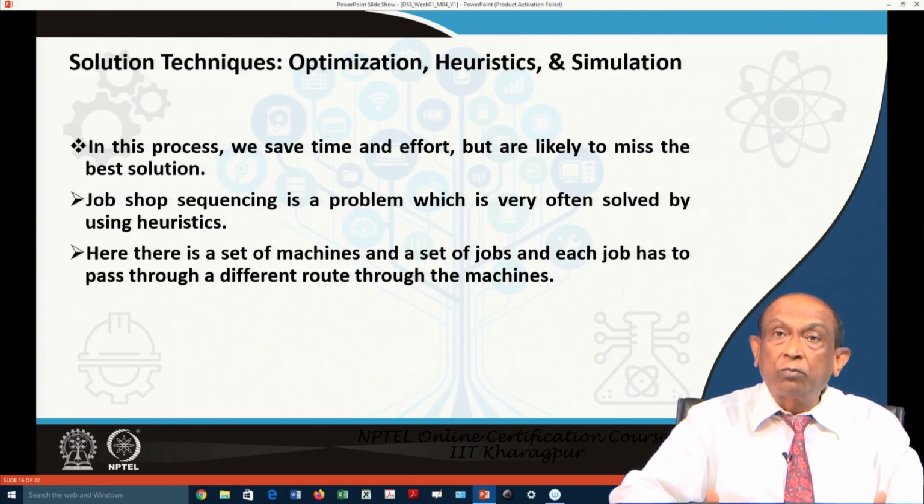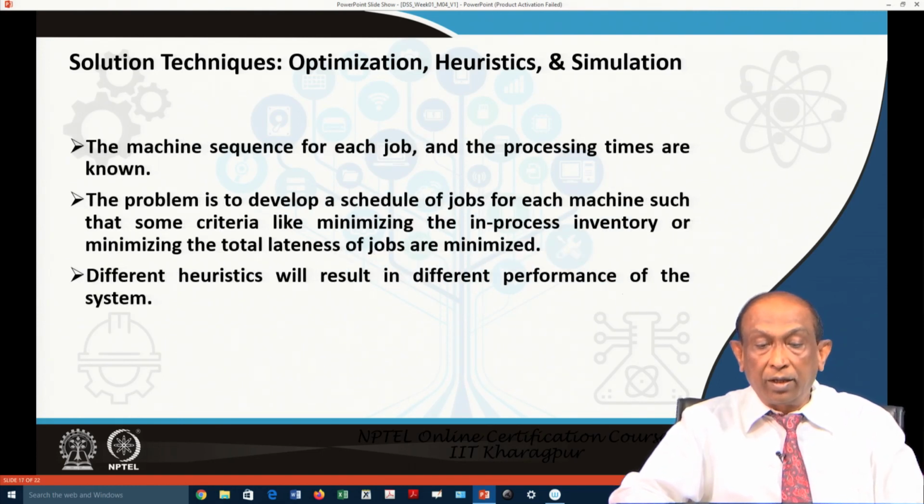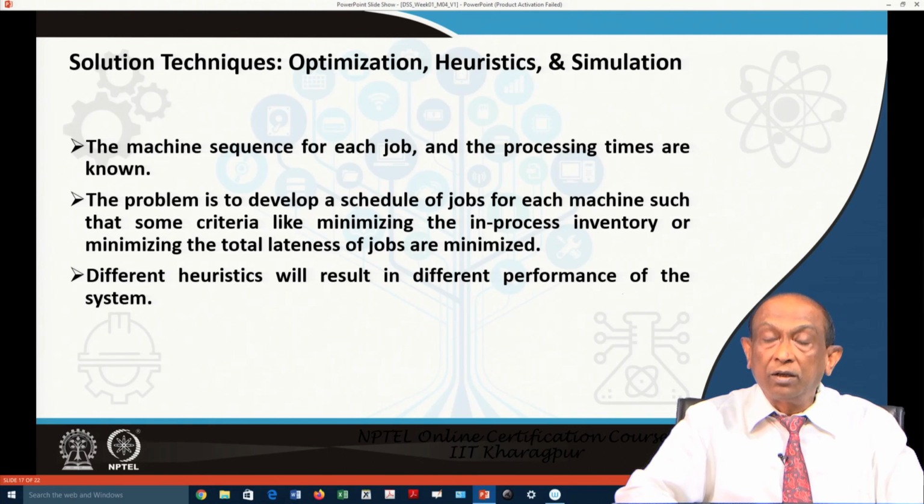In a job shop sequencing problem, what is the problem? There will be a set of machines and a set of jobs, and each job has to pass through a different route through the machines. Which job should be loaded and which job should follow which route? This is the problem. The machine sequence for each job and the processing times for those jobs in the respective machines are already known.